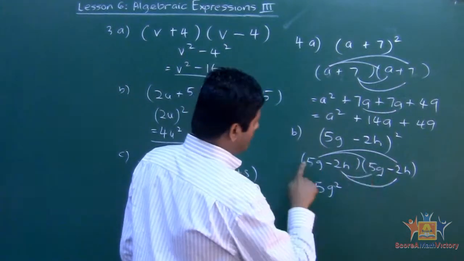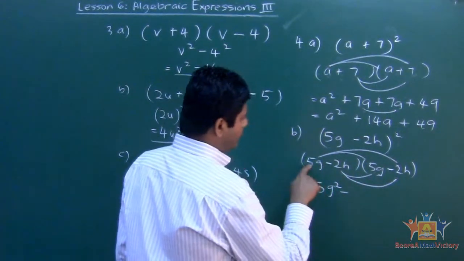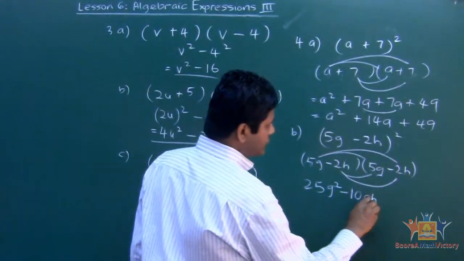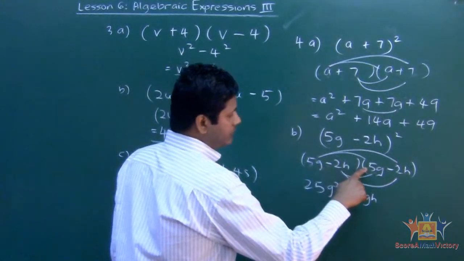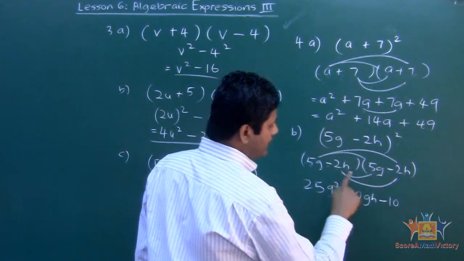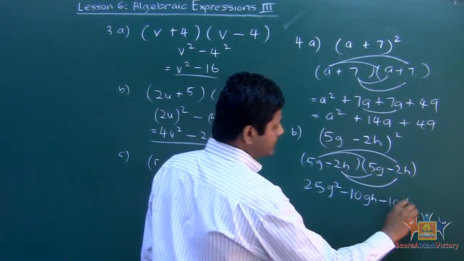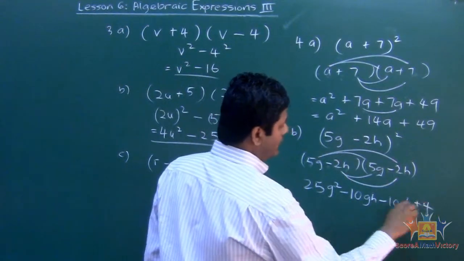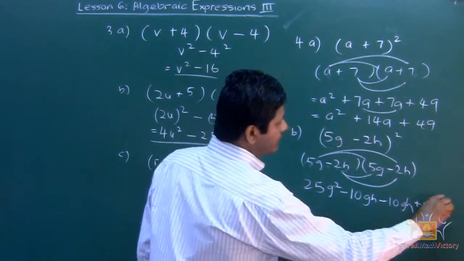Then plus and minus gives minus: 5 times 2 is 10, g times h, negative 10gh. 2 times 5, 10, h times g, negative 10gh. Negative times negative is positive, 2 times 2 is 4, h squared.